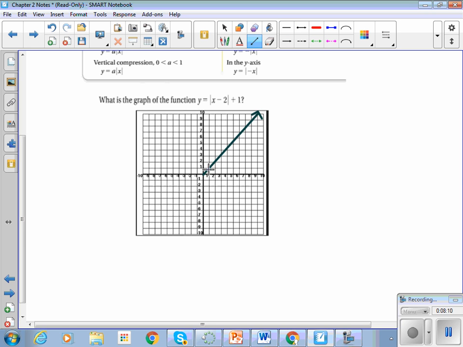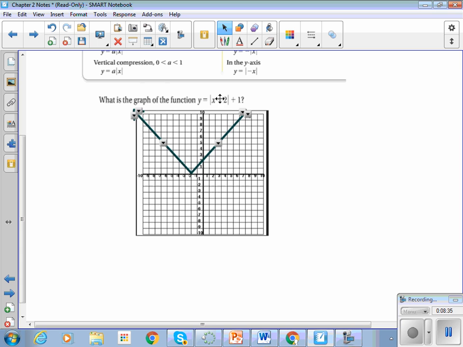So I'm going to draw this parent function, and then I'm going to shift it according to what these values tell me. So I am going to shift this whole thing 2 units to the right.